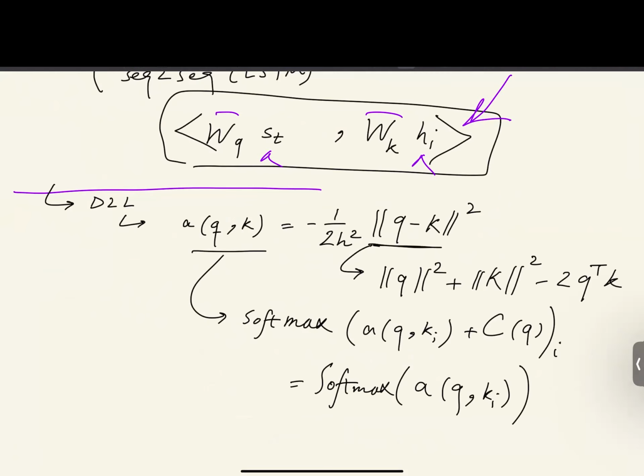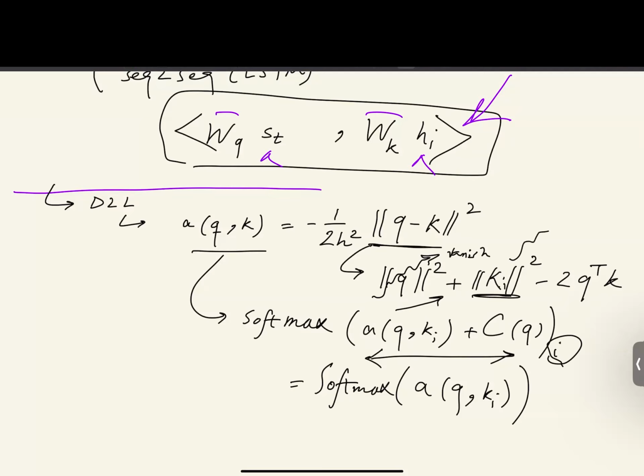Anything that is constant and not a function of kᵢ, which changes with i, will vanish. Going back here, this term is a function of q, so it will vanish in a softmax. How about this one? We know this is kᵢ, so it shouldn't really vanish.